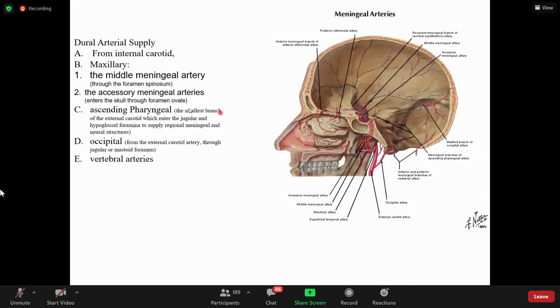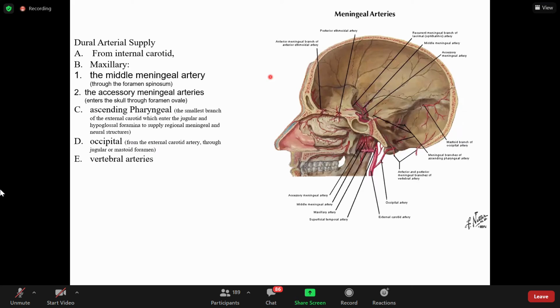Now, before we conclude, of course, blood supply to the brain and the meninges and whatever, you have arterial supply, you have venous drainage. For venous drainage, I usually postpone this till we discuss the meninges. Okay, and that's when we talk about venous sinuses.